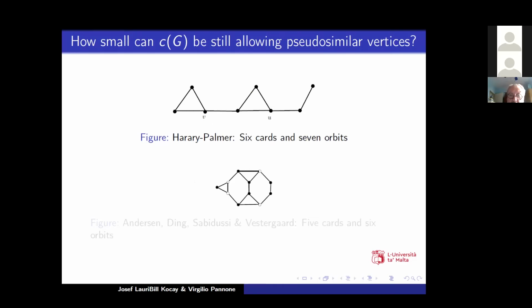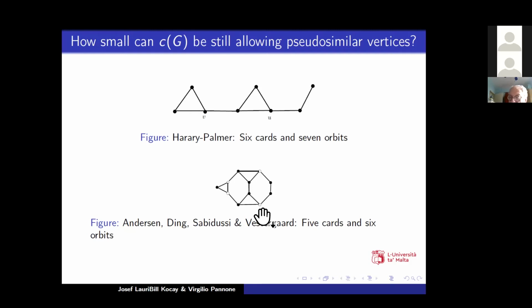vertices. This is a graph constructed by Anderson, Ding, Sabidussi, and Vestergaard. Well, actually, they constructed the graph whose line graph is this, but I'll talk a bit about what they did. And here we have 5 cards, because these 4 vertices give us the same card.